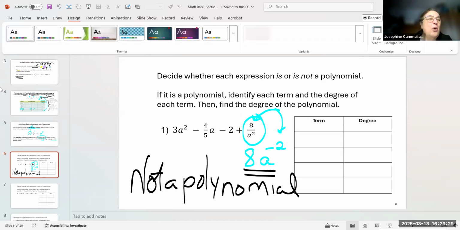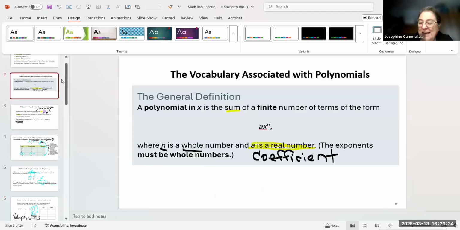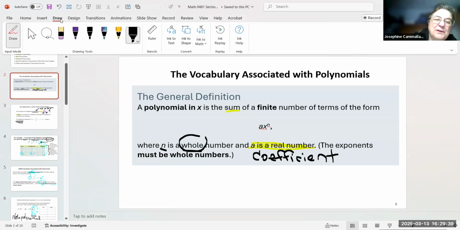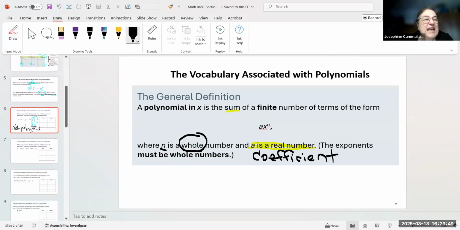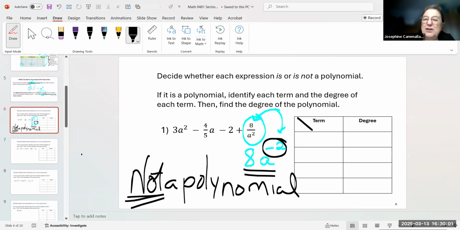It's got to be whole numbers. Remember this very slide? See that nice little word right here? Whole numbers. Remember, whole is not a negative number. So therefore, if any term in a polynomial can be written as a negative exponent, it's not a polynomial. So I'm not completing this table.